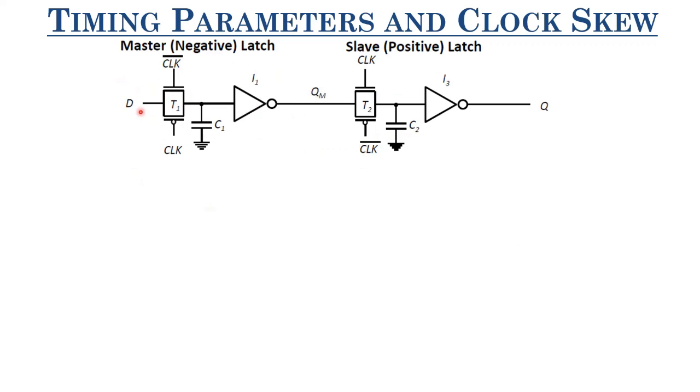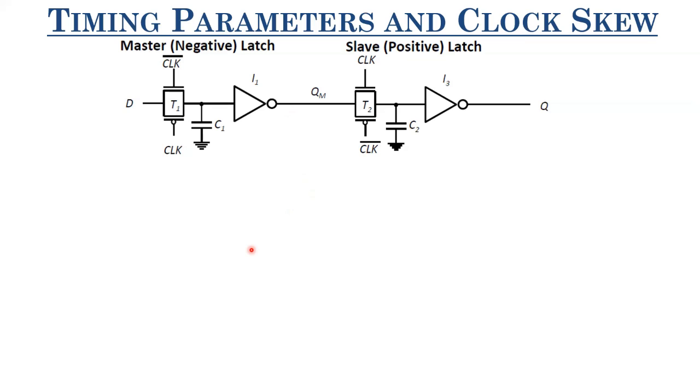If it is stable, then whatever value of D is sampled here, the same will be coming here. The inverted version will come here, but if D is not changing, this value will not change. So one way of looking at it is how much time before the positive clock edge, in this case, should our input D be stable?